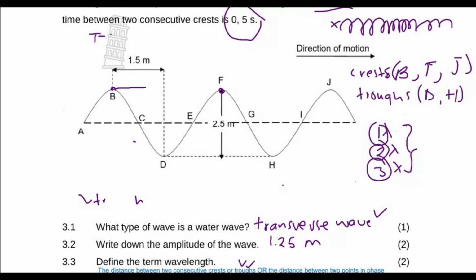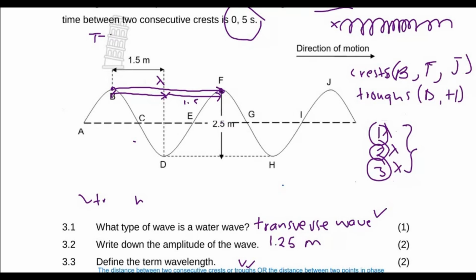So the distance here is a wavelength. We are only, however, given the distance between B and D. But you see that the distance between B and D is equal to the distance between D and F. So it means also the distance from here to here is also 1.5.